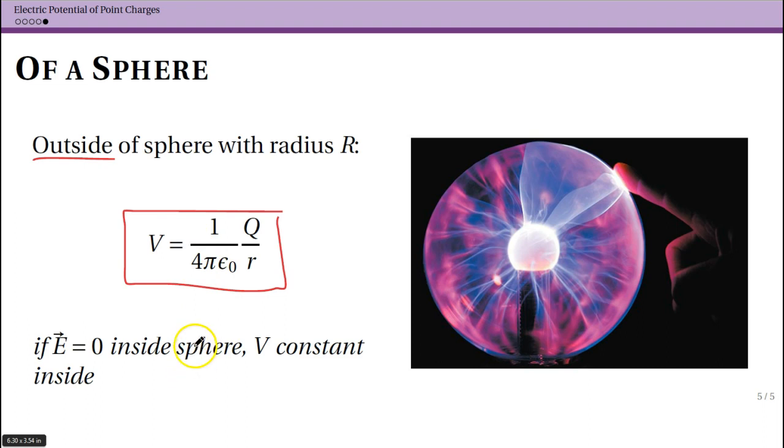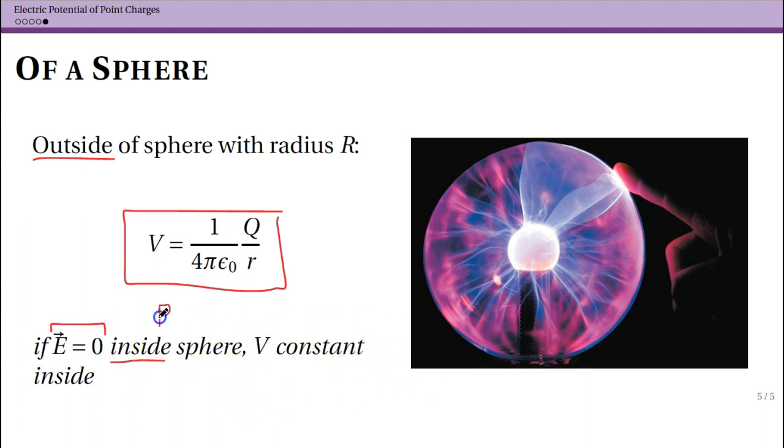Now, what about inside of the sphere? We will talk more about this when we connect electric field to electric potential, but I want to tell you one thing at least right now, which is if the electric field is 0 inside the sphere, and why might that be true? You might have a solid conductor, or you might have a hollow conductor, like a bubble. As long as there's no charge inside, we know that our electric field is 0, and that means our electric potential is constant inside.